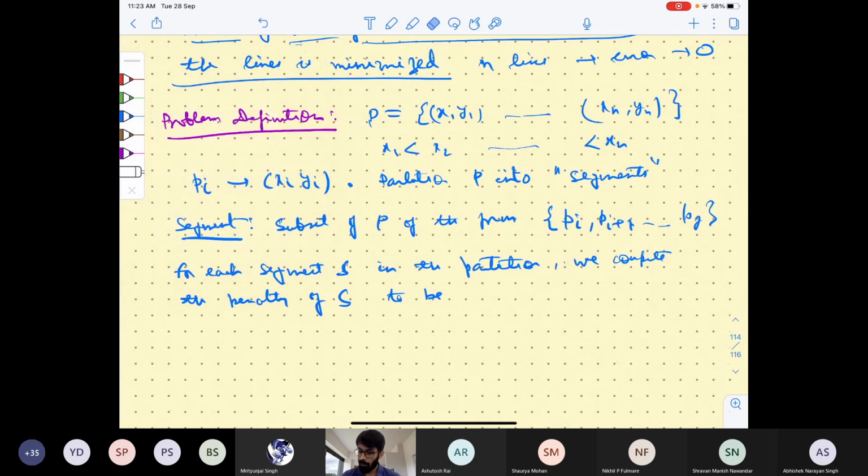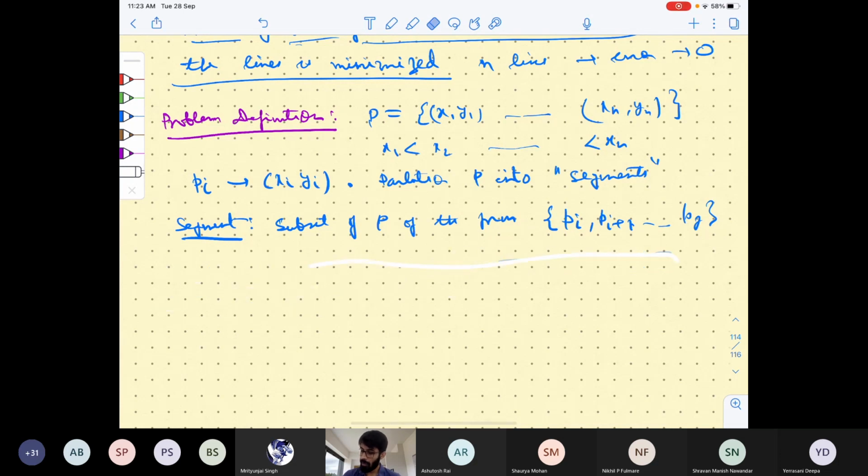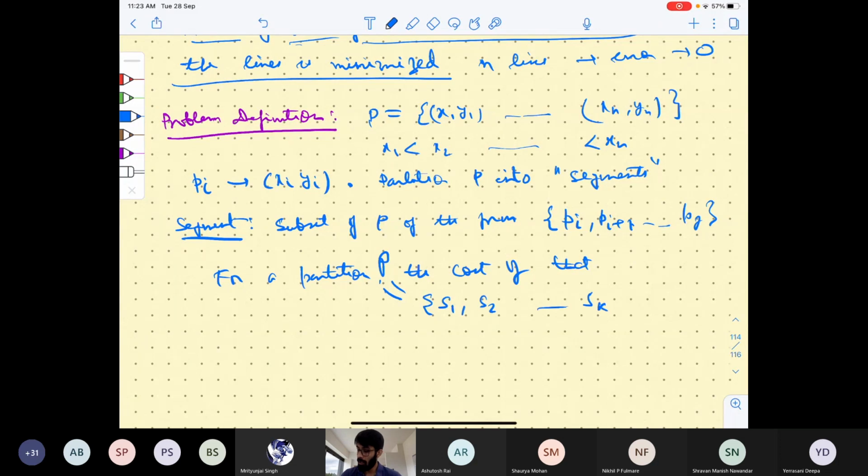Let's just say that for a partition, let's say P, which is equal to S1, S2 to Sk, we have not used k before, right?